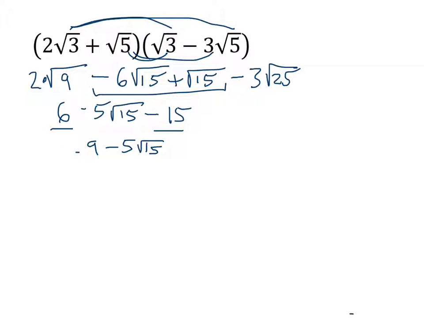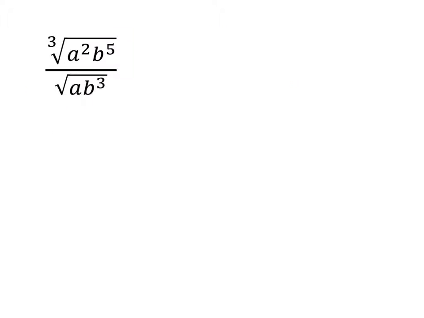And that is simplified. All right, we can't put those together because one of the terms has a square root of 15, one does not. So we have to leave them separate. So distribute it a lot like you would two binomials, and see what it simplifies to.